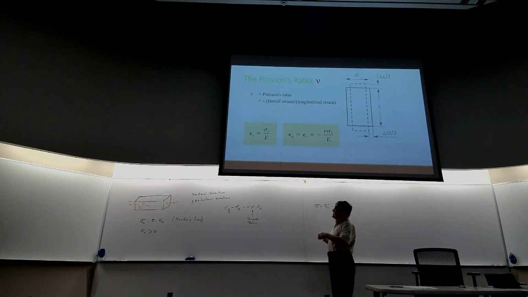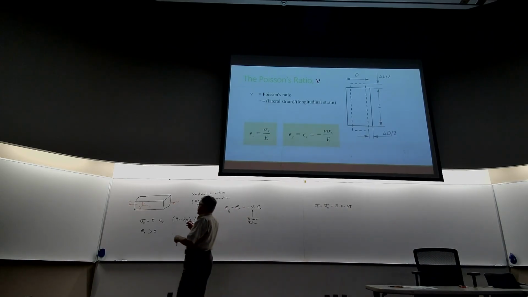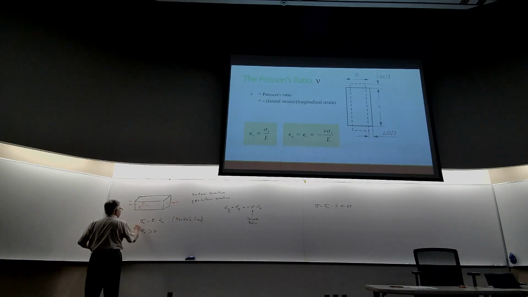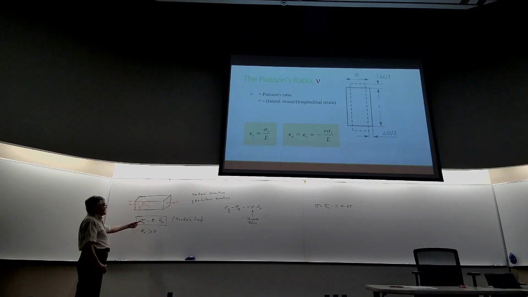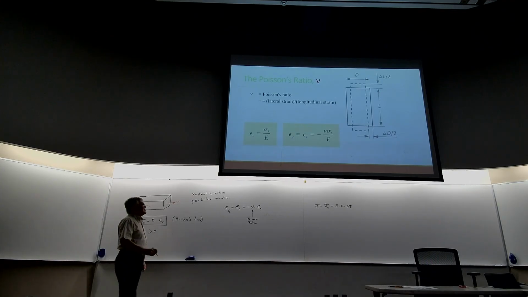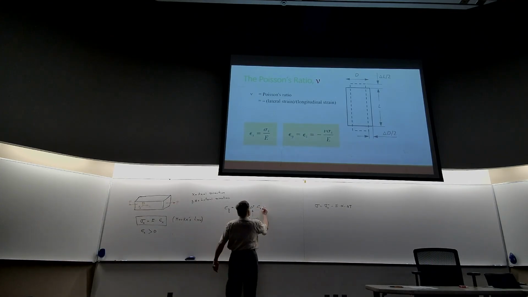This is Hooke's law. So you could solve this for epsilon and plug it into here, so that becomes minus nu sigma x divided by E.